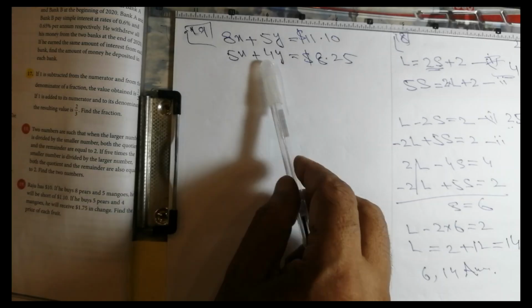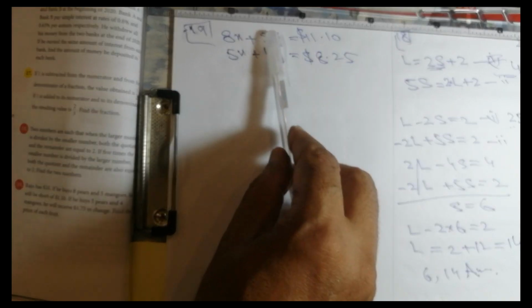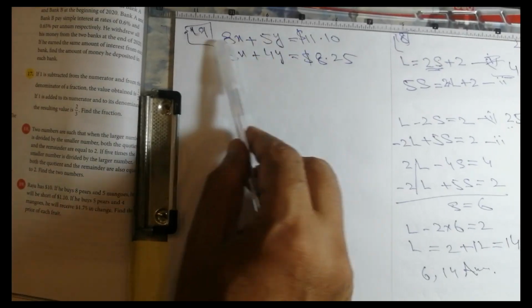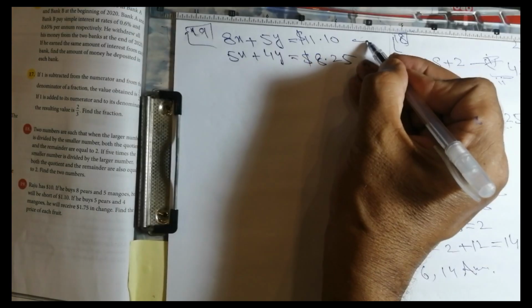So if we want to eliminate, for example, y, we will multiply equation 1 by 4 and equation 2 by 5.